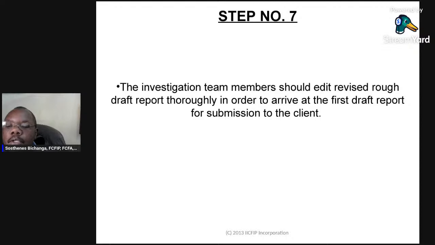What you would note is that a report, as I said from the beginning, is to act as a mouthpiece of the investigation. The client and the whole world, including the court, will not know what you did unless you give them a report.